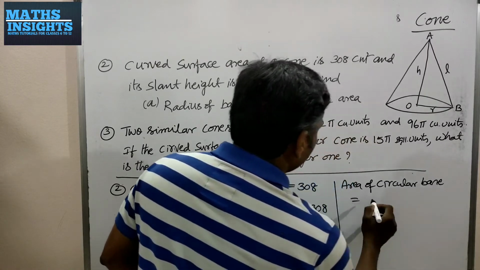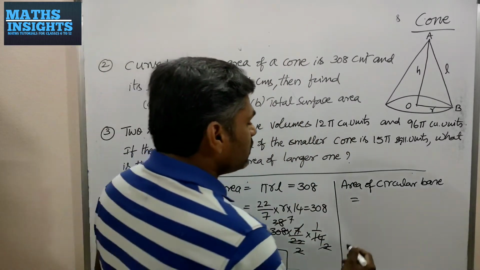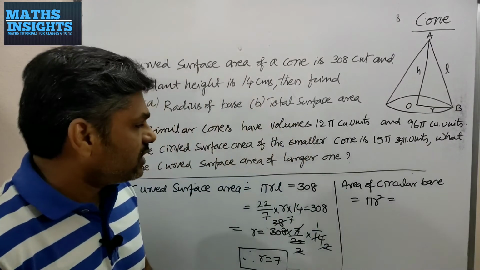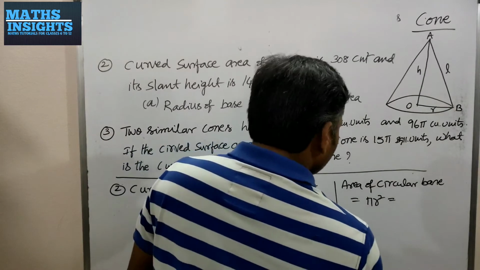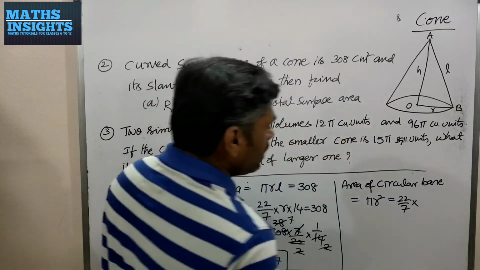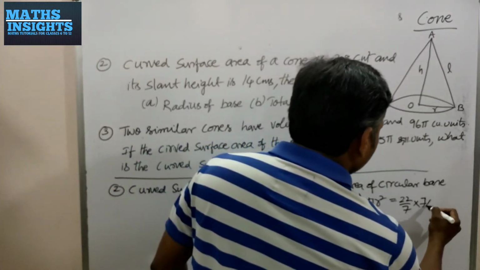Since it is in the form of a circle, the formula is pi r square. Therefore pi means 22 by 7 into r, radius is 7 into 7.